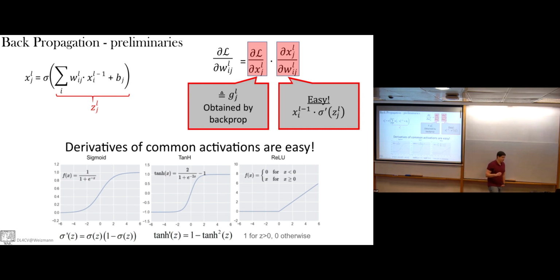So it's this list of derivatives of the loss with respect to all the neurons, and once we get that, we can multiply it by this trick, and then we get the true gradient with respect to all the weights.